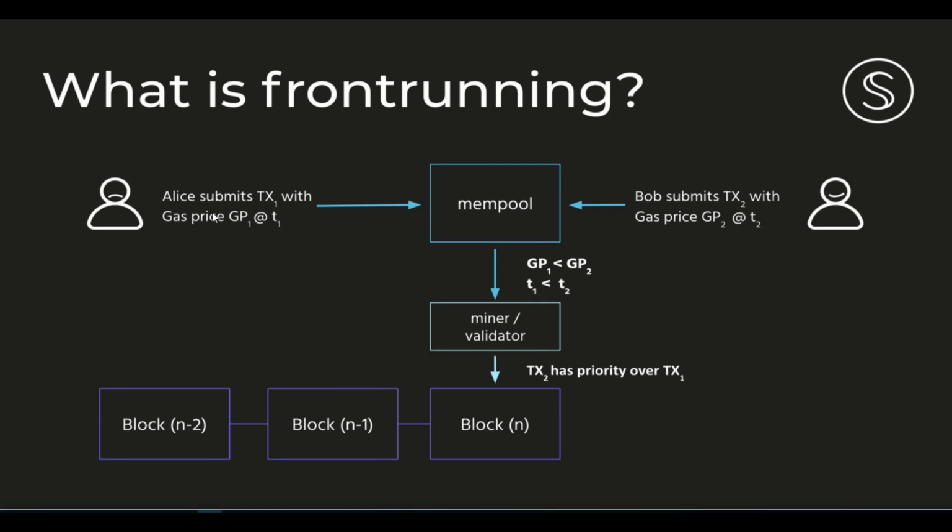So, front running. Let's say Alice goes to Uniswap and wants to buy some sort of token. She submits her price and everything, including gas price, to Uniswap. Bob here is the front-running bot.